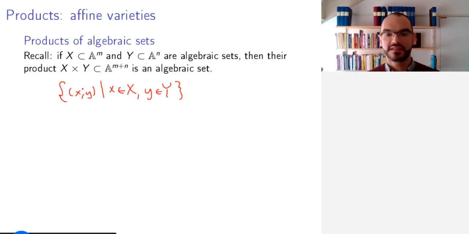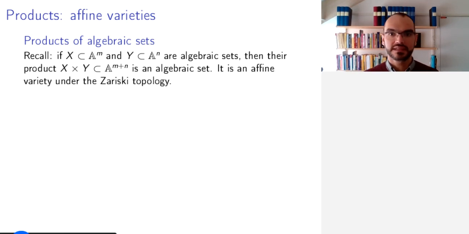So this means that if we have two affine varieties, then we can define this construction and call it their product. And when we do this, we do not look at the product topology, we look at the Zariski topology. So as an example of why these two are different, let us look at A^1 times A^1, which is A^2.